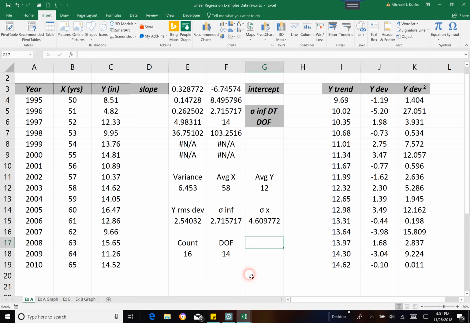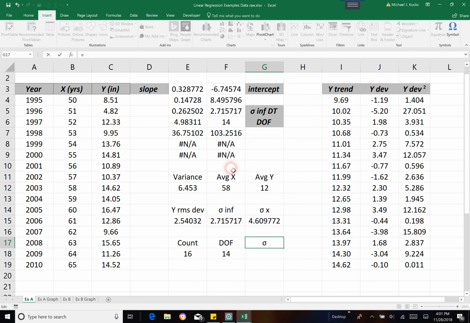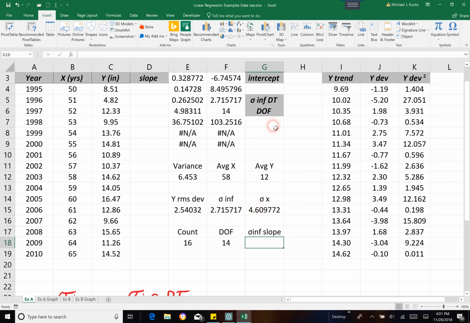And so my population inferred, let's do this. My population inferred standard deviation of the slope is going to be this number here, the population inferred standard deviation of my data from the trend line.